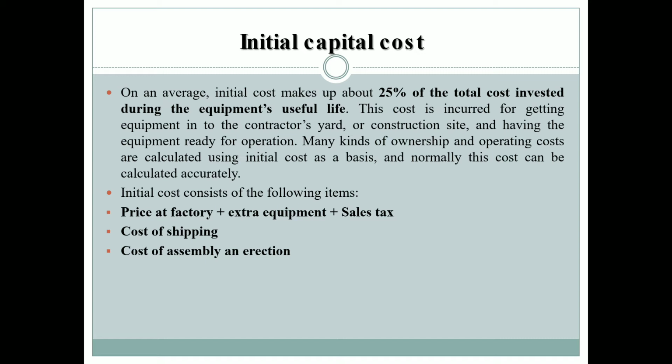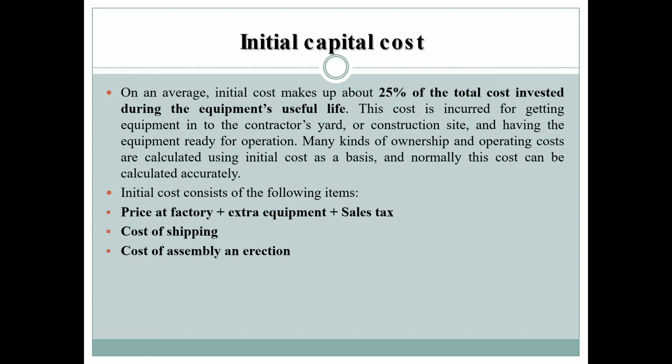So when you have to calculate the initial cost, the following items are added to get the initial cost of that equipment. That is the price at the factory plus extra equipment. If for one equipment you need some other extra equipment, the cost of that extra equipment you also have to include, plus sales tax.